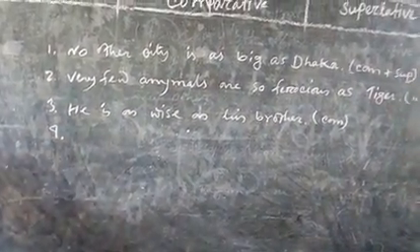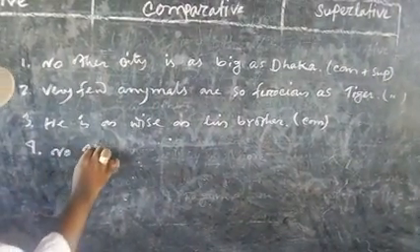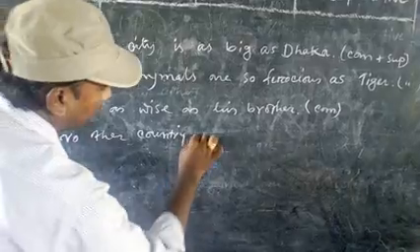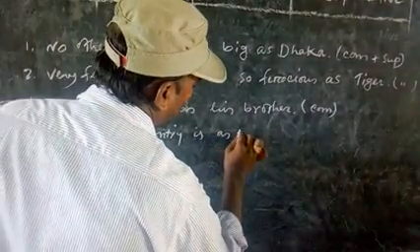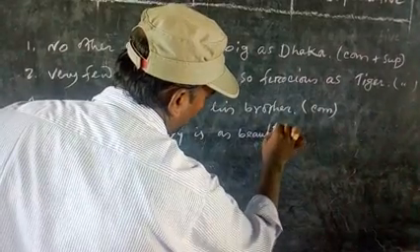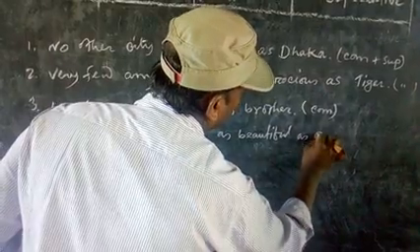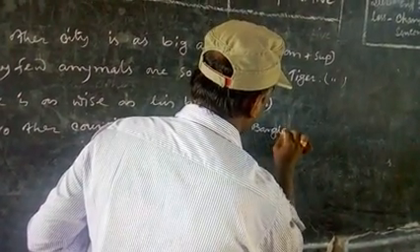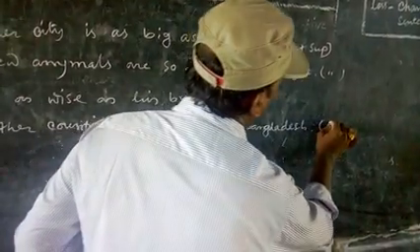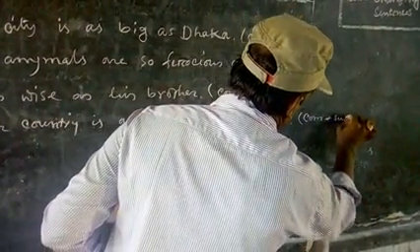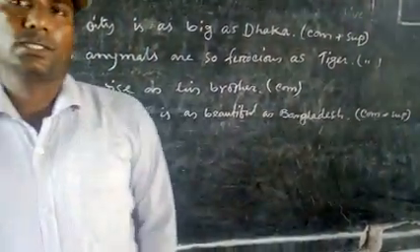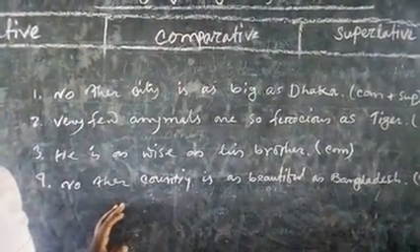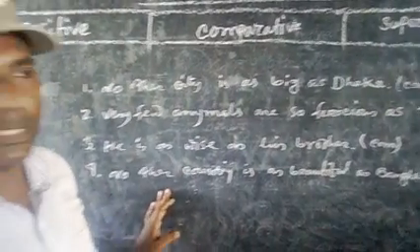Number 4: No other country is as beautiful as Bangladesh. Make it comparative and superlative. Okay, dear students, I hope all of you will practice today's lesson at your home.